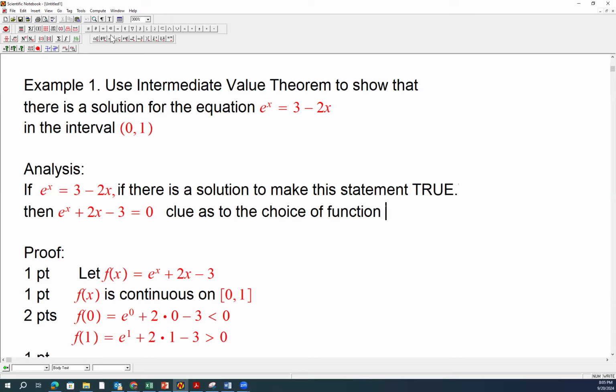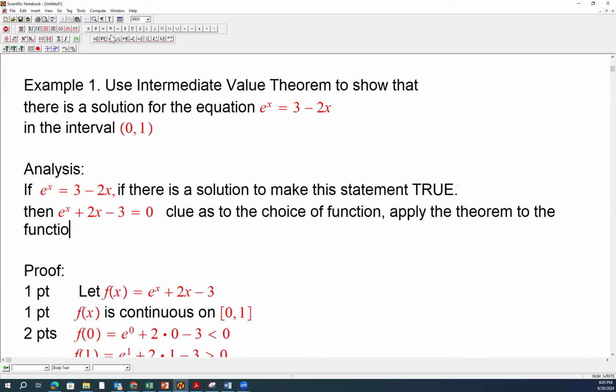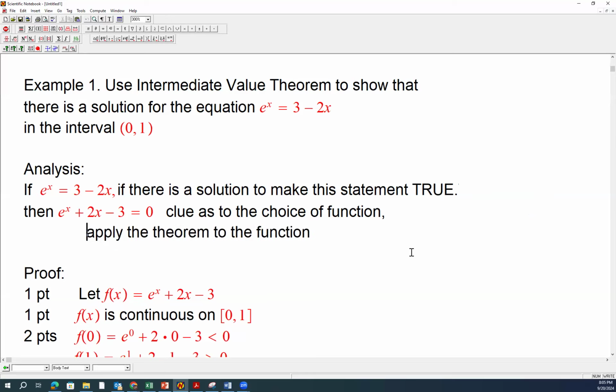Okay, the choice of function. And once we made the choice of function, we apply the theorem to the function. Let's look at the theorem one more time.